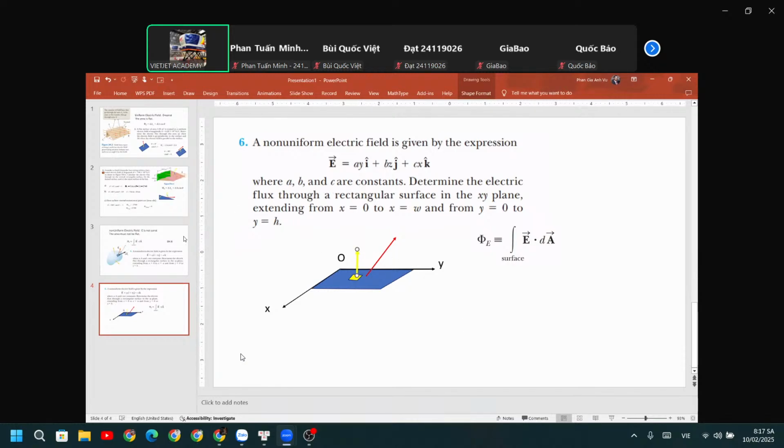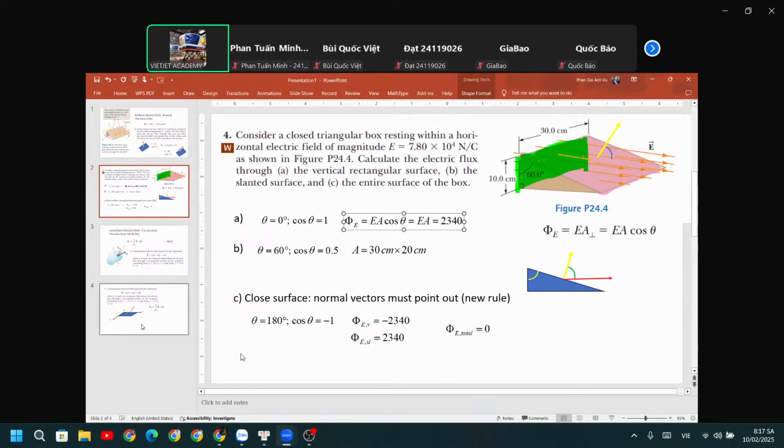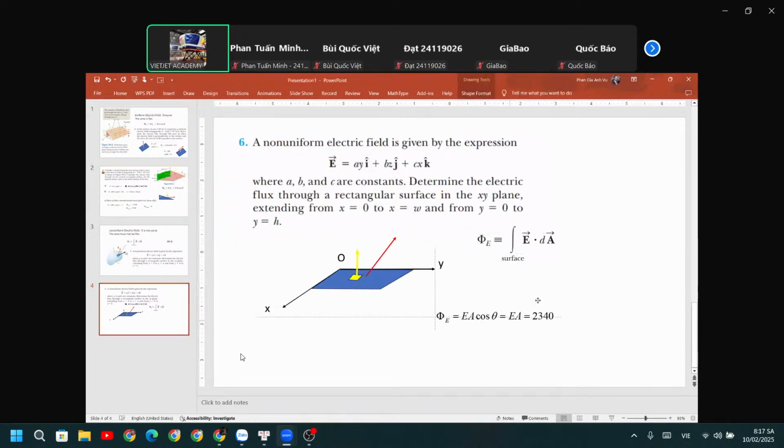So I will have the dA vector like, I copy this one. dA vector is K, but multiplied with the area dA.